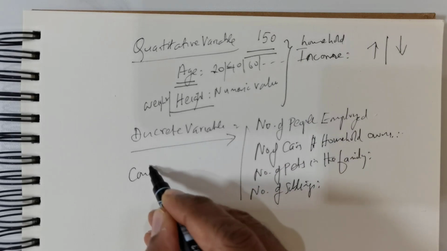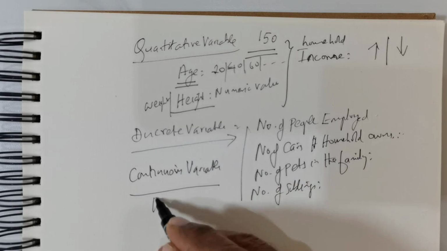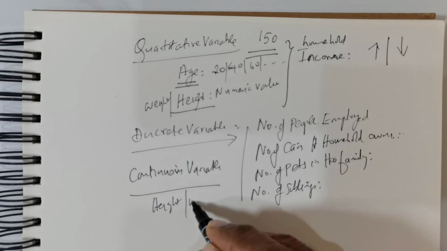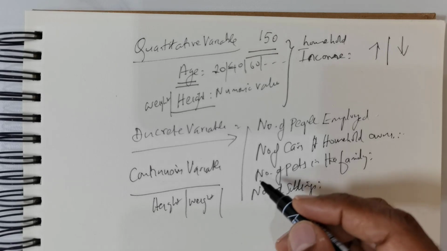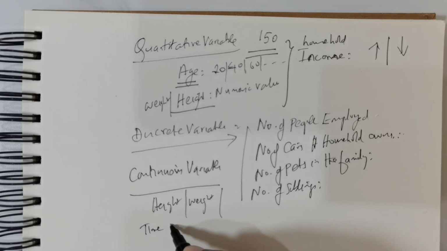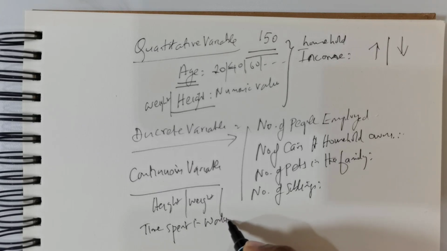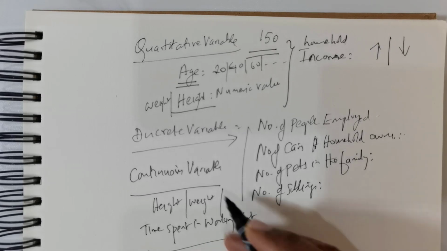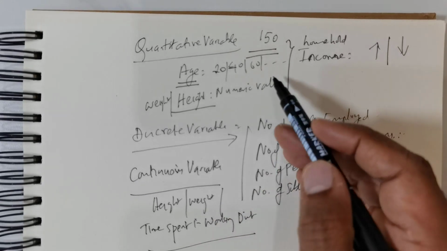So when we talk about continuous variable, I can easily put height and weight into the group, and I can also put in one more study: the time spent in exercising, time spent in working out. That can also be categorized as a continuous variable. These are all some illustrations for our study.